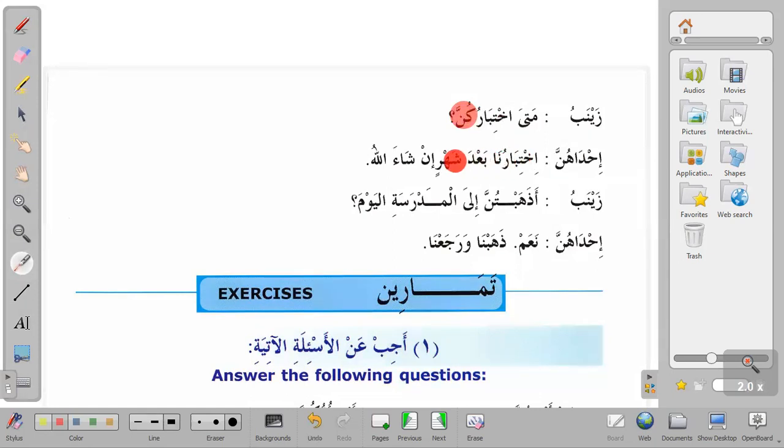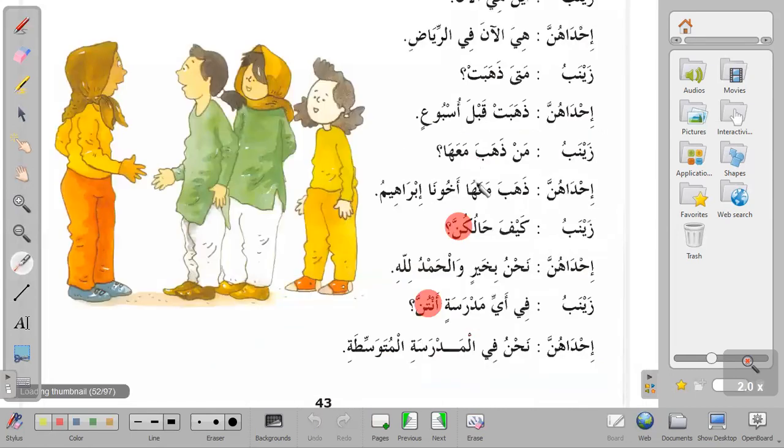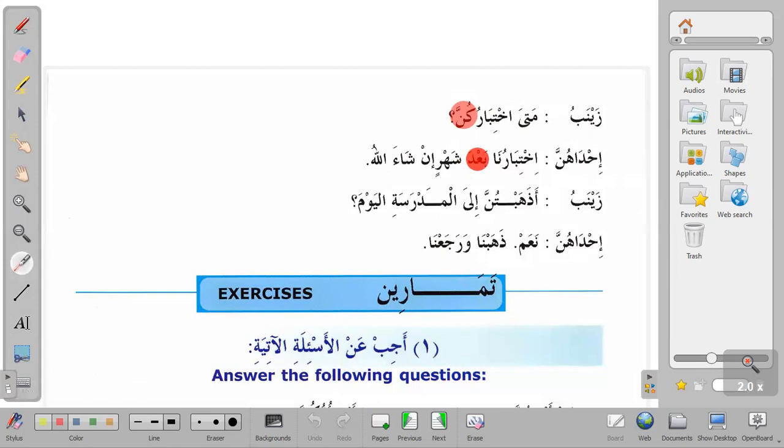اختبارنا بعد شهر إن شاء الله. اختبارنا, our examination. I hope that is clear. بعد, so you can see بعد here. Qabla I said before. Ba'da here means after. So بعد شهر, after a month, meaning in one month's time. Inshallah.